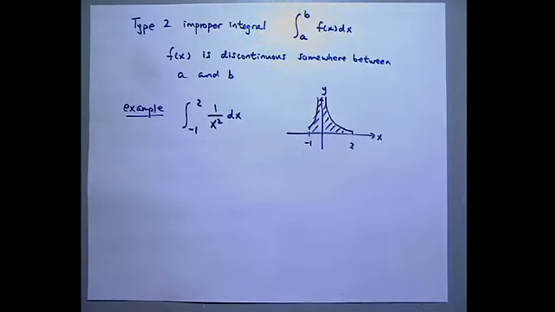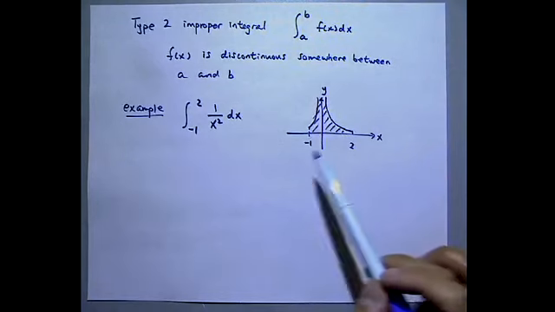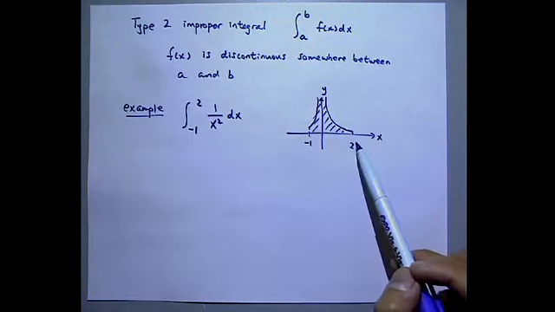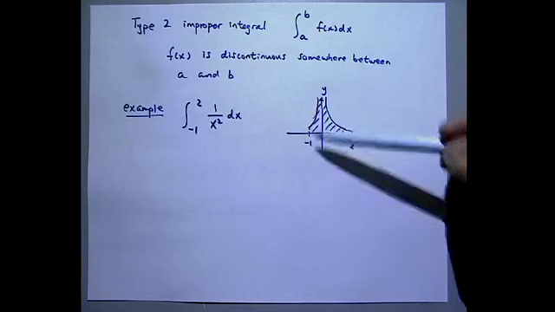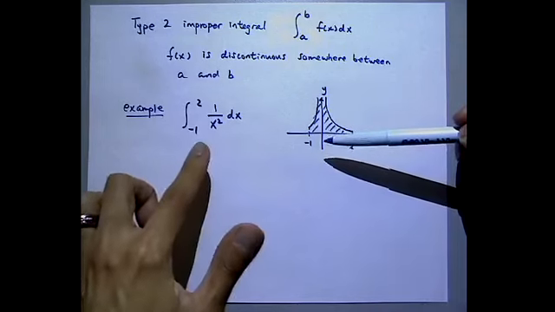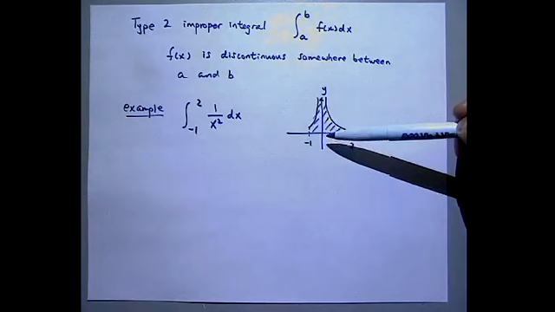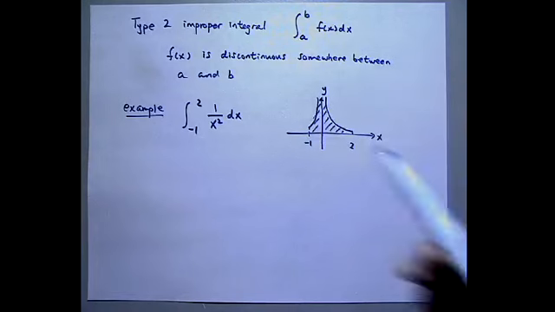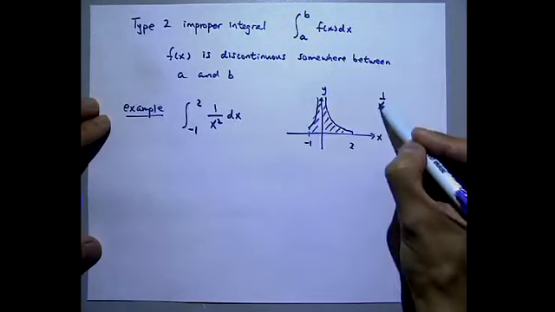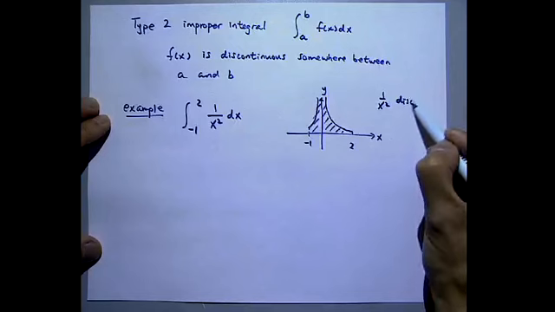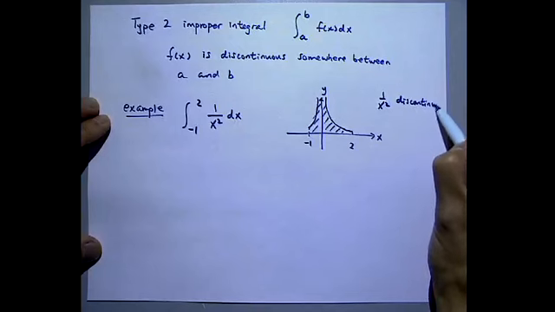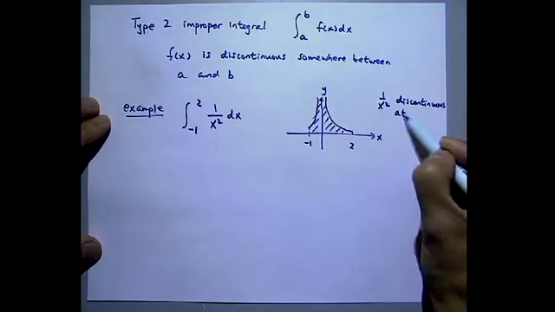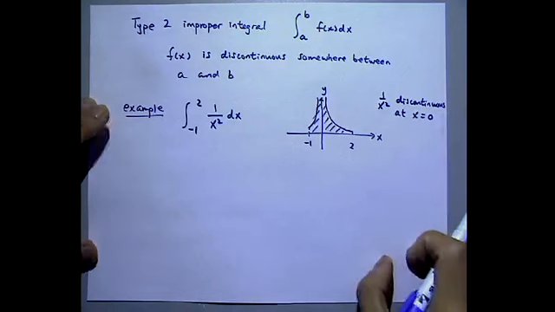Interpreted in terms of area, we get this kind of shape, from -1 to 2. But notice that 1 over x squared becomes discontinuous at 0, right?